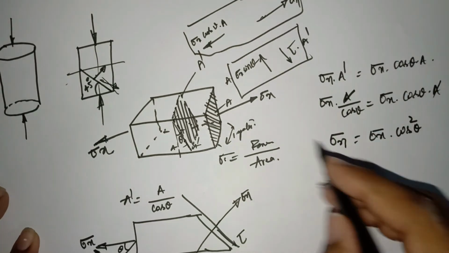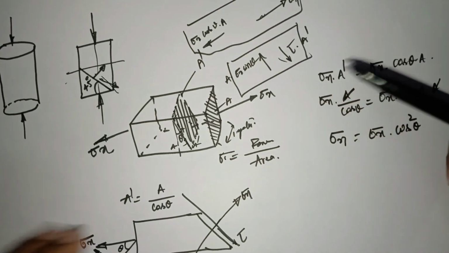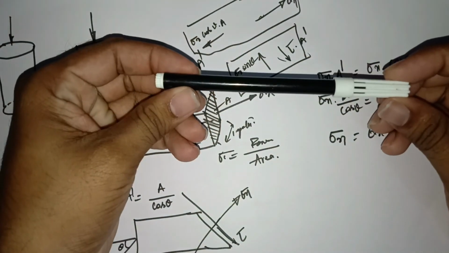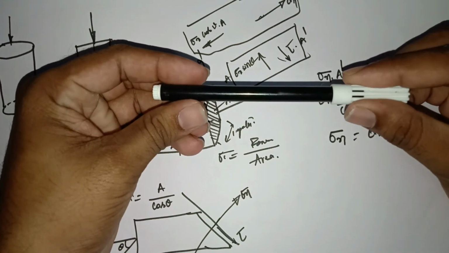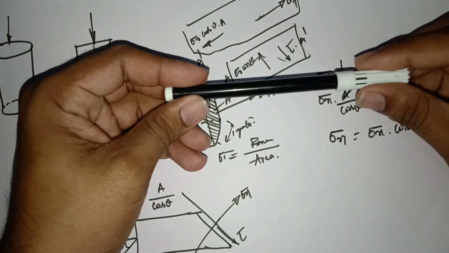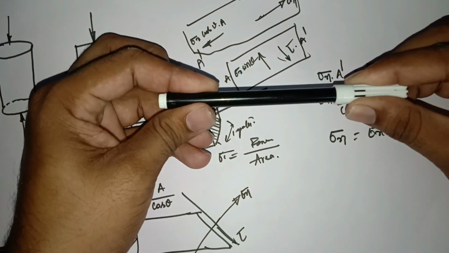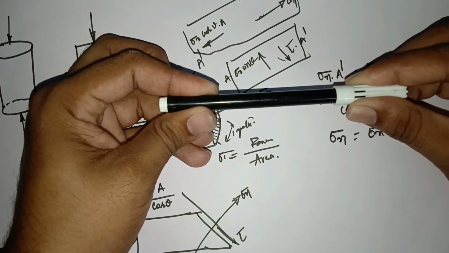Now what about this tau? Similarly, these two are in opposite direction. We are assuming that the body is under equilibrium, which means even though there is a force in this direction, or even though there is a force in this direction, this body is in stable equilibrium, which means both the forces are equal only, then only this body will be under static equilibrium, right?